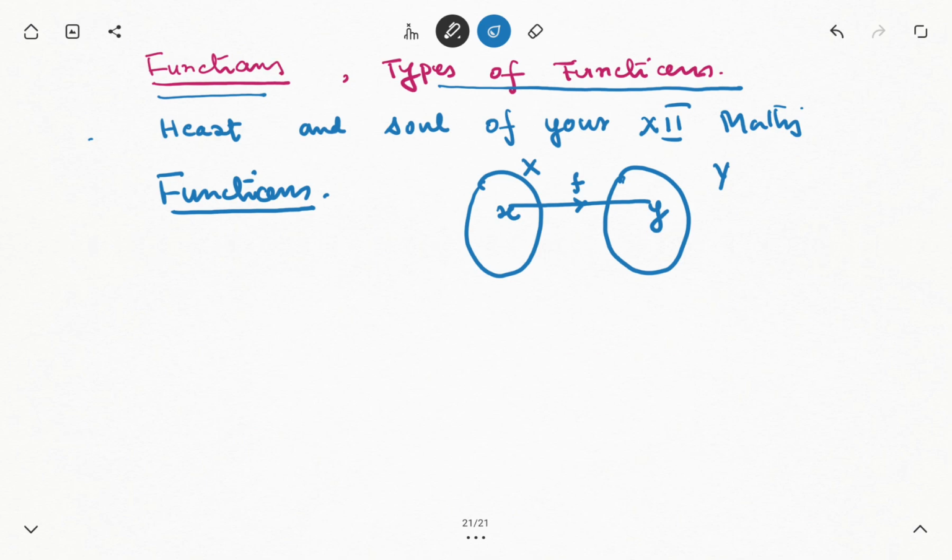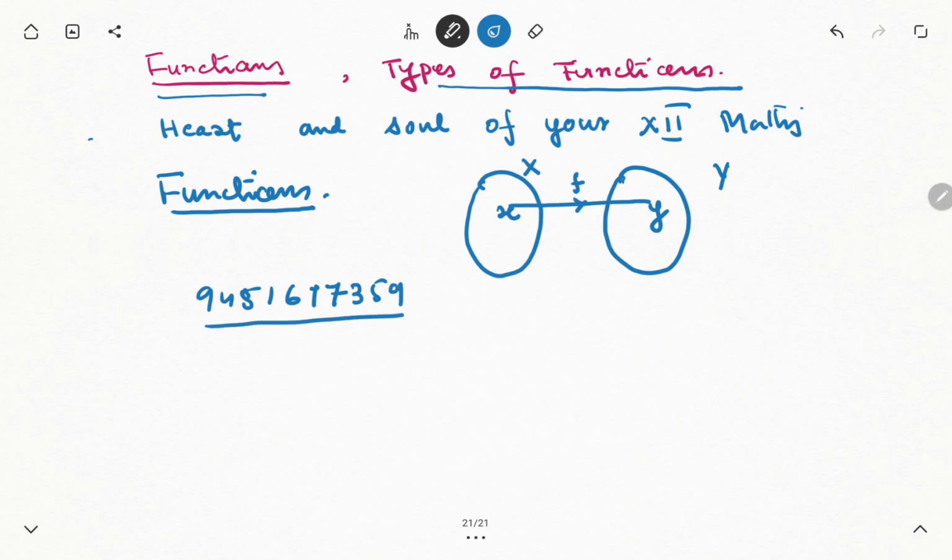I'm giving you a very important example. You have a mobile number, say 9451617 and 3, how many digits are there? 5, 6, 7, 8 and 5, 9.